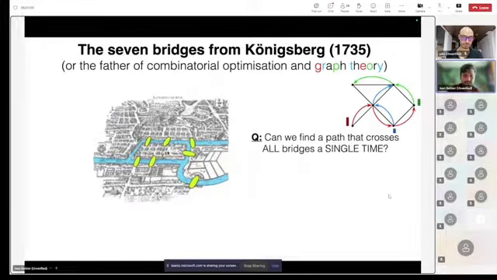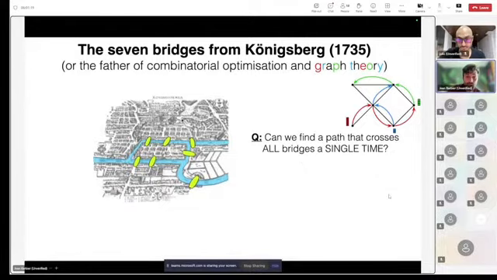And so in this city, there are three banks and an island in the middle, and you have bridges in between. Okay, and what people were trying to solve at that time, because it was a kind of game, is: can you find a path that crosses all bridges a single time?